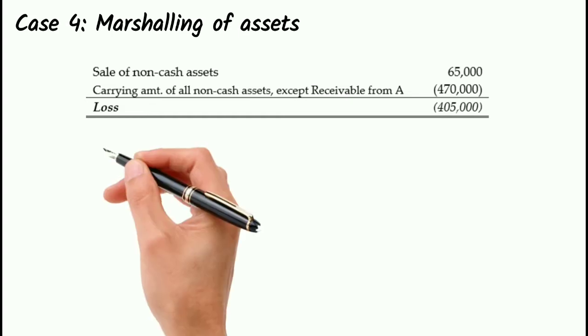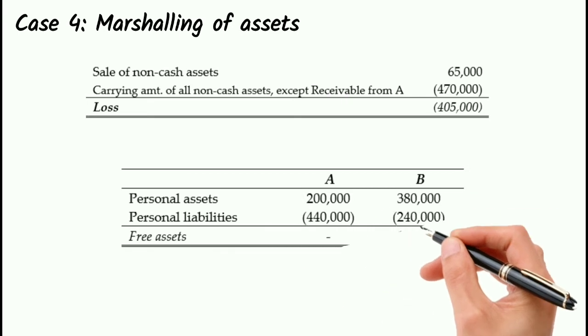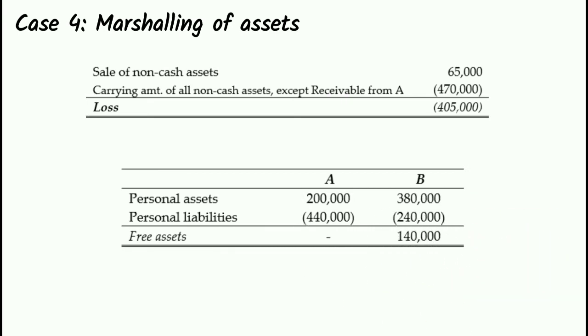Alamin naman natin kung sino ang insolvent between A and B. Ang personal assets ni A ay 200,000 pesos at ang kanyang personal liabilities ay 440,000 pesos. Ang personal assets ni B ay 380,000 pesos at ang kanyang personal liabilities ay 240,000 pesos.